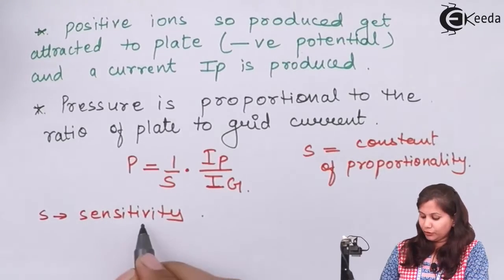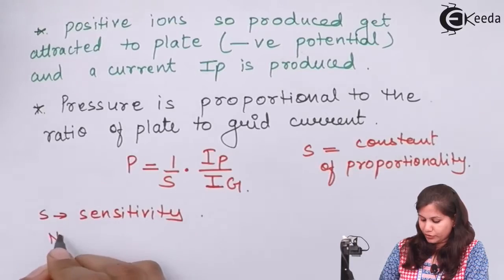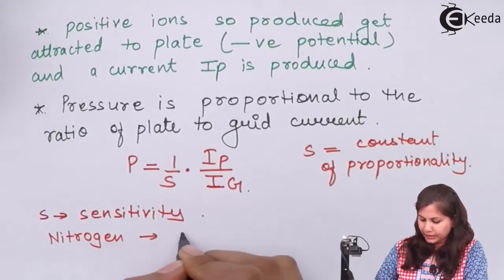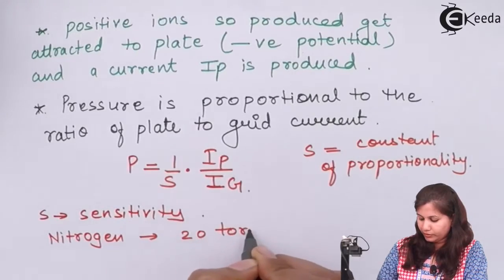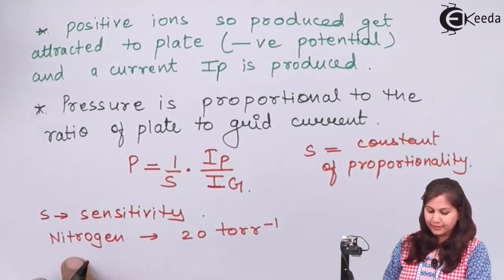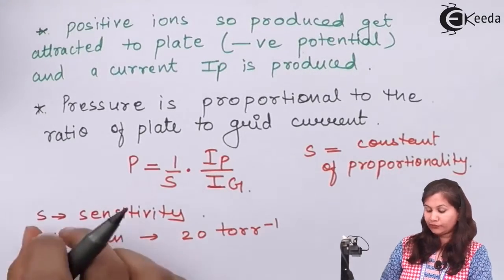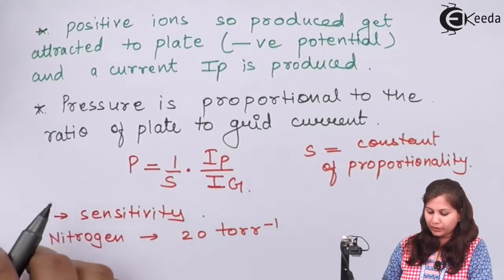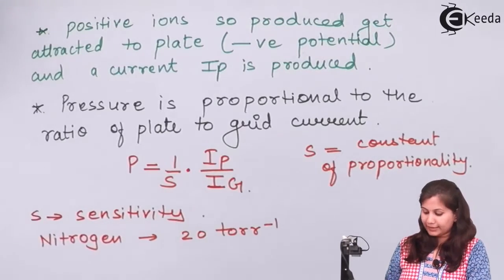Now, if we see the value of this sensitivity for nitrogen, then it is 20 torr inverse. But for other gases, the exact value of this sensitivity can be found out by calibrating with the help of different gases, because this sensitivity depends on certain factors.